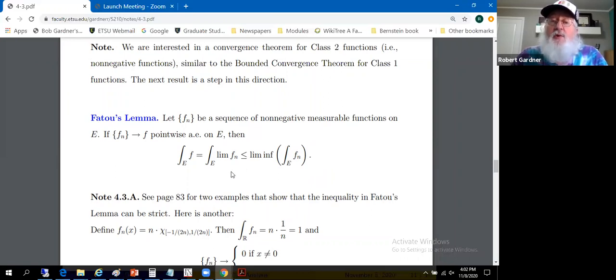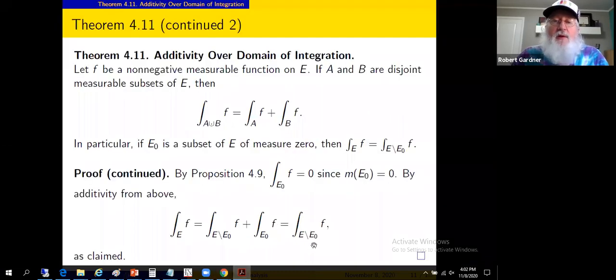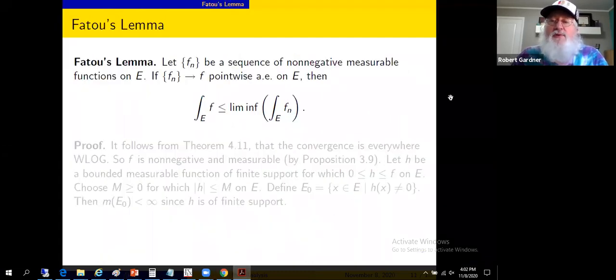But it does deal with integrating the limit as compared to integrating the f sub n's in a sequence of functions f sub n that converges to a function f pointwise. So it's certainly relevant to convergence theorems. Let's look at a proof of that one. All right, Fatou's lemma. We'll get a surprising amount of mileage out of Fatou's lemma.